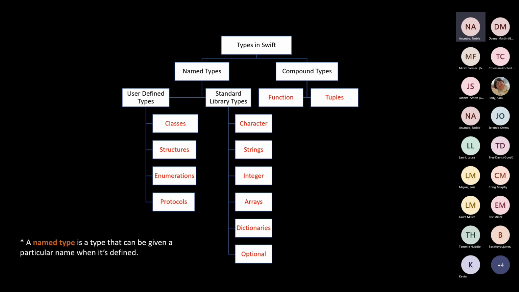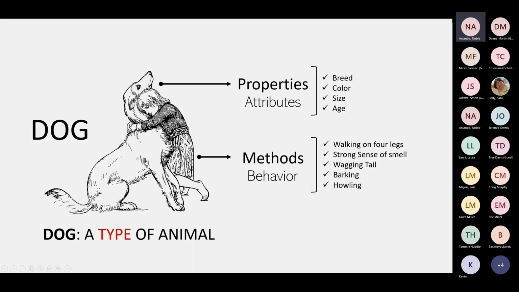So all humans are instances of a type called human, but each of them has a bunch of properties. Those properties could be their height, their weight, and all of that.